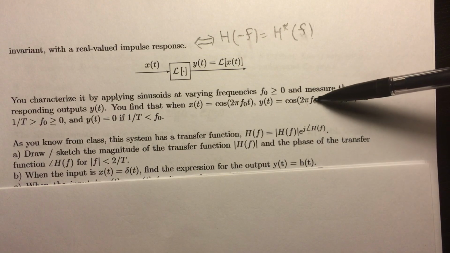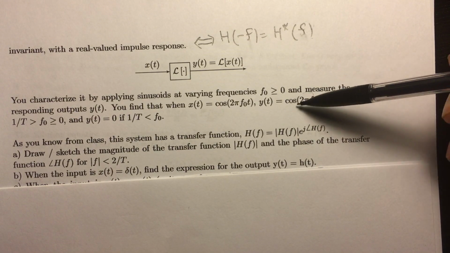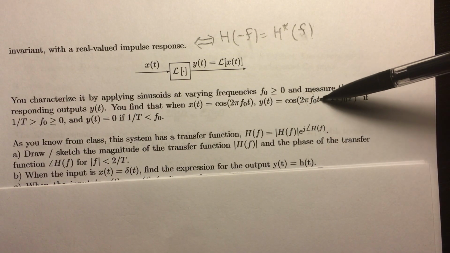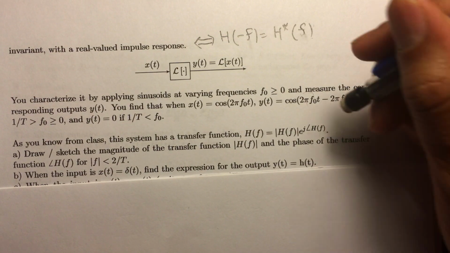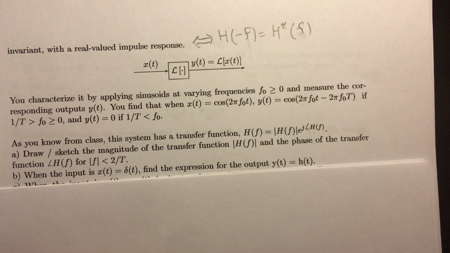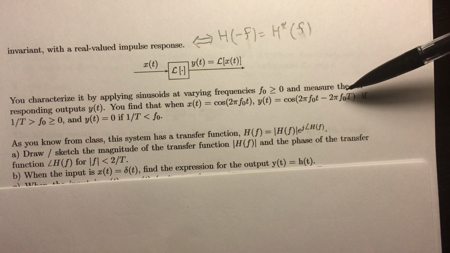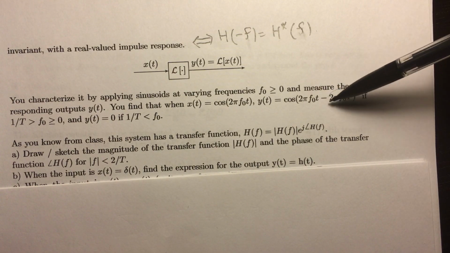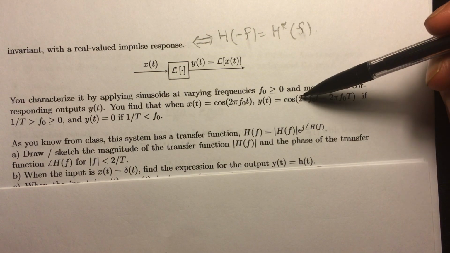The idea is it comes out as a cosine with the same frequency f naught. It has to be the same frequency because it's a linear shift invariant system. And there's a phase shift, and that phase shift is going to give us information about what's going on.